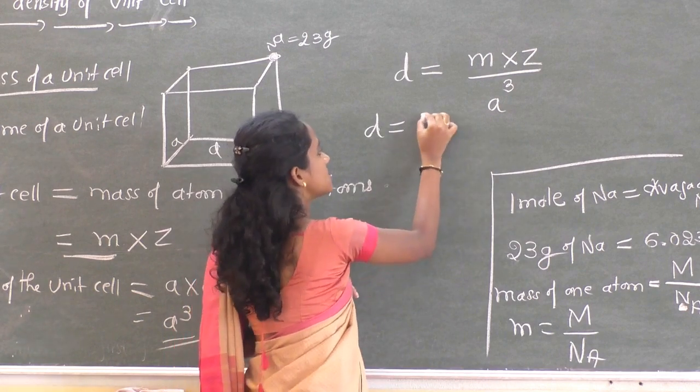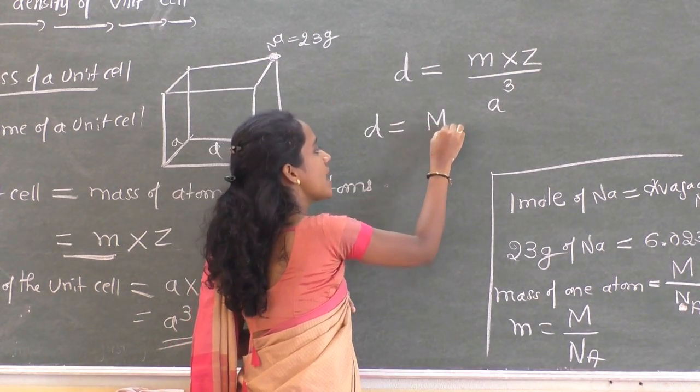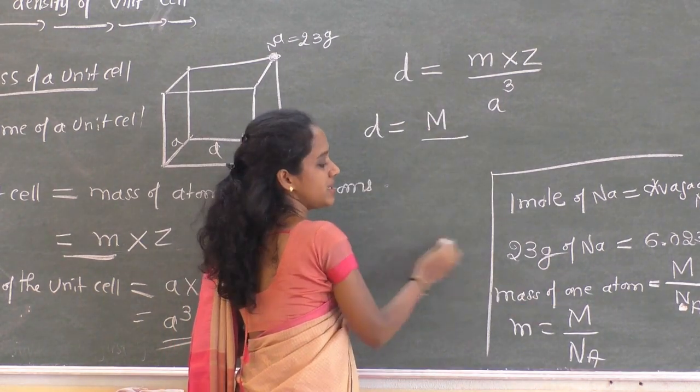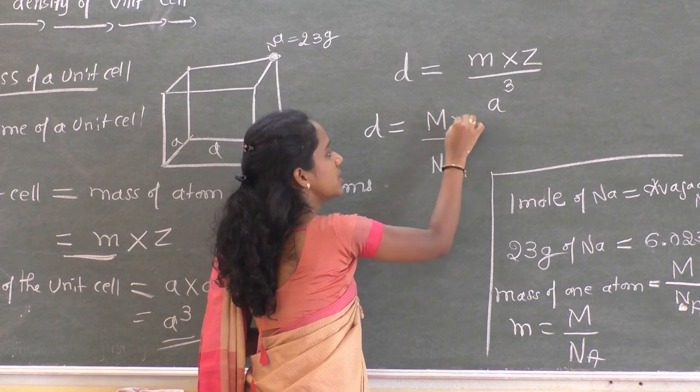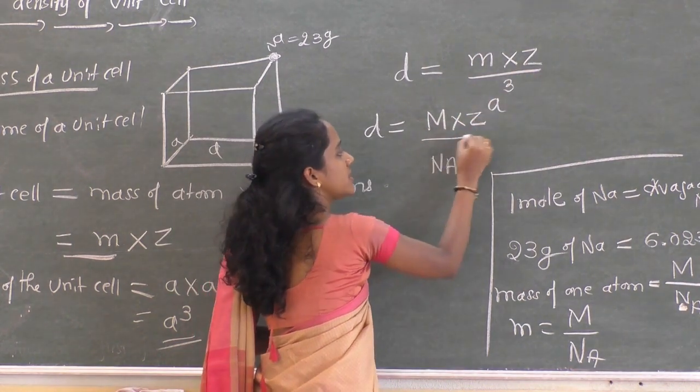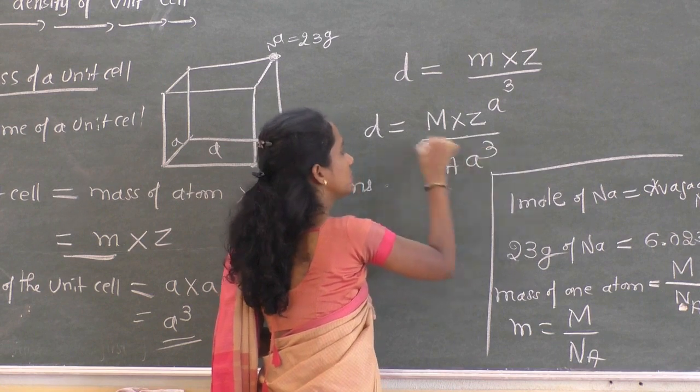So I can write like this, molar mass divided by Avogadro's number into Z divided by a cube.